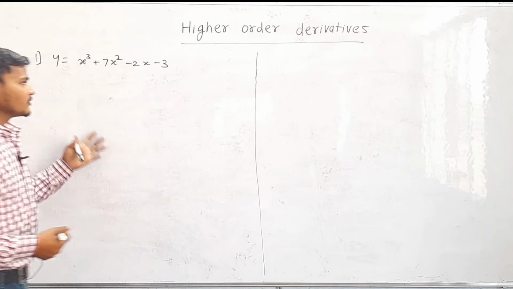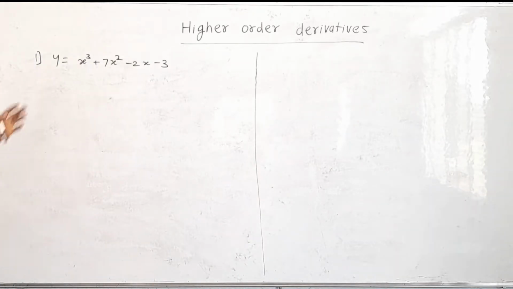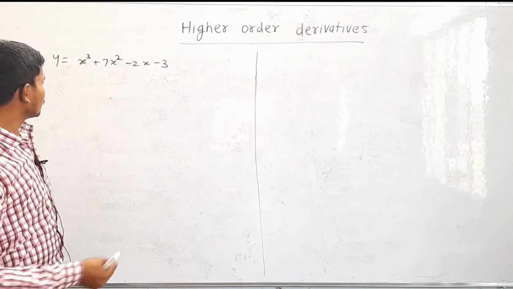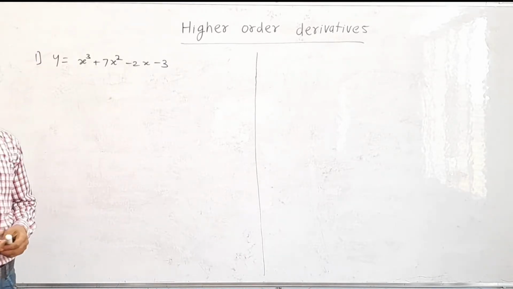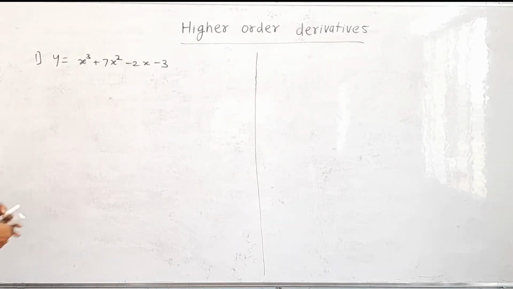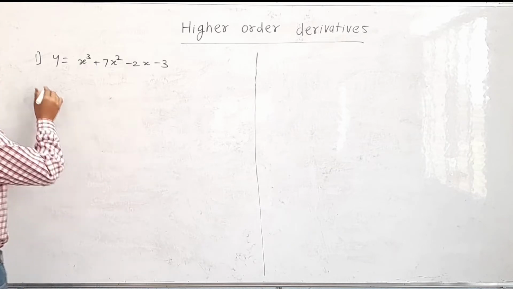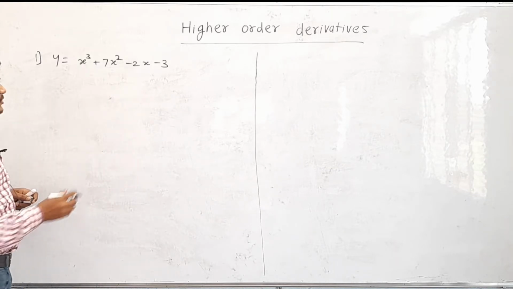Now, after that we have some examples. The first example is y is equal to x cube plus 7x square minus 2x minus 3. Now, differentiate the given equation with respect to x.